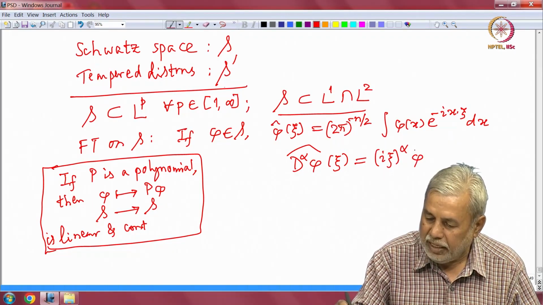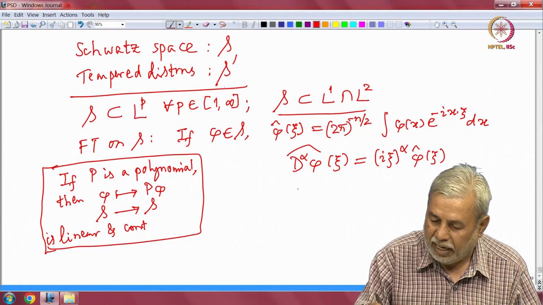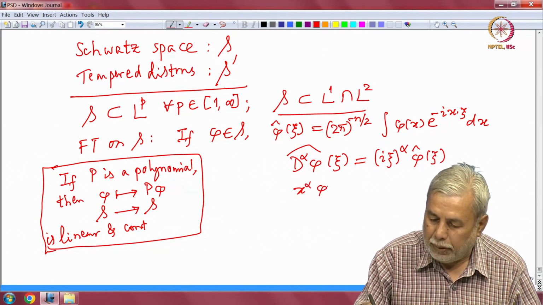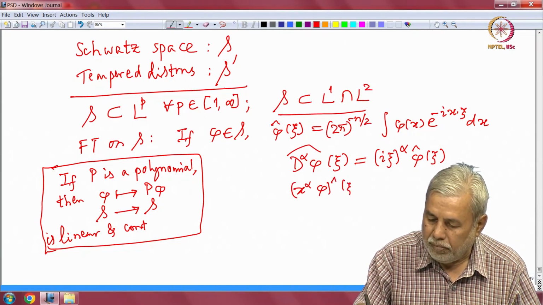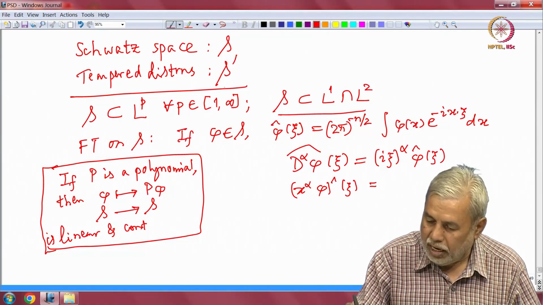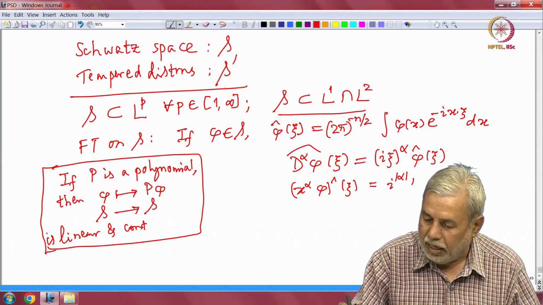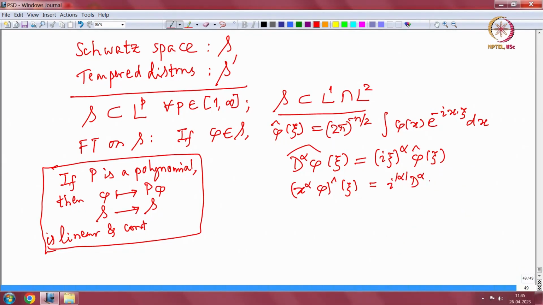So we have this: phi cap, the derivative, and similarly if I multiply by a polynomial and then take the Fourier transform, this is i to the power mod alpha, d alpha phi cap.